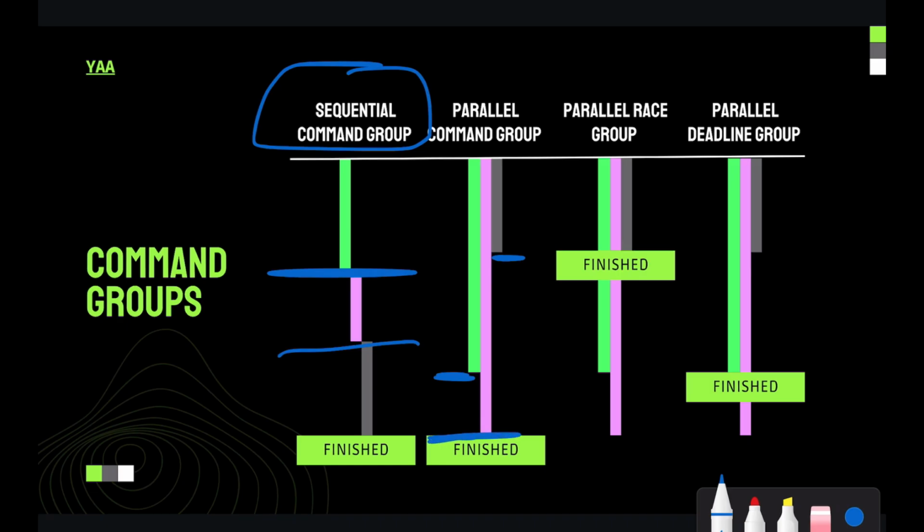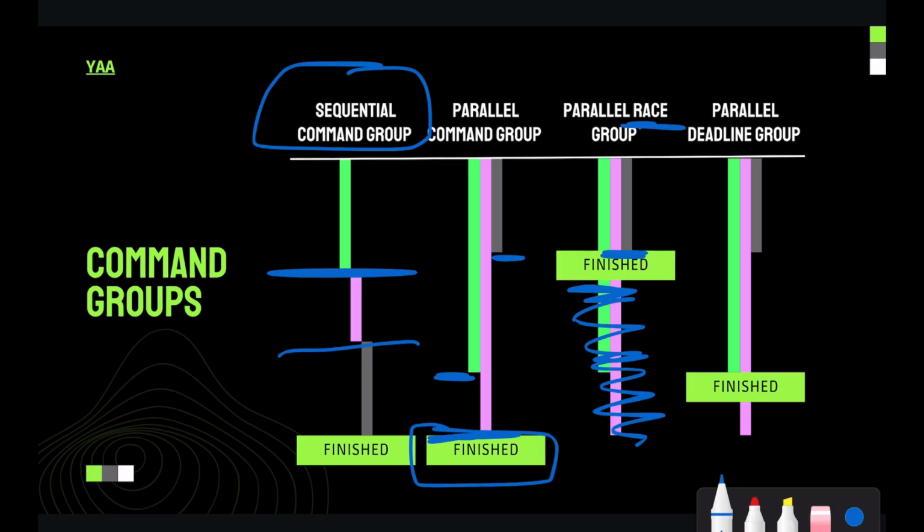And once all three of those commands finish, this whole group is able to declare itself finished. This differs from a parallel race group, as you'll notice this gray command was able to finish first, which stops the whole command there. So anything slower than that, just cancel the command.